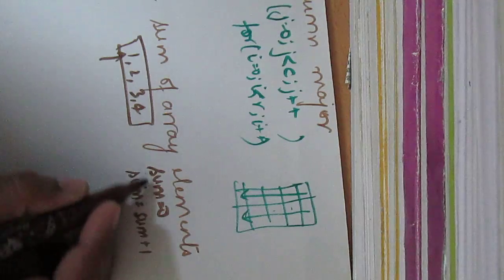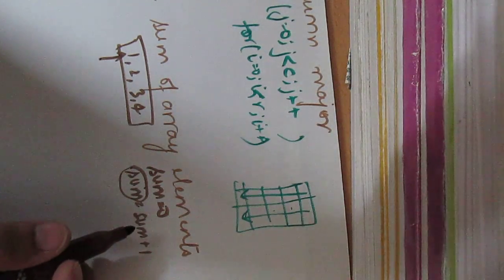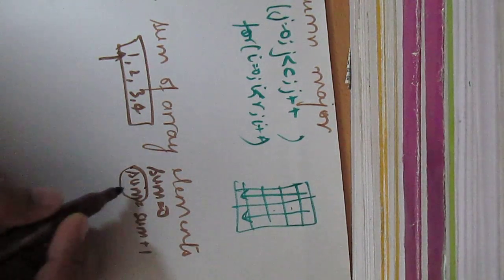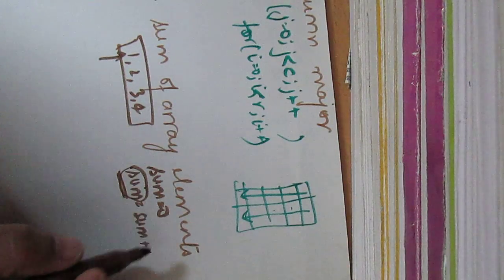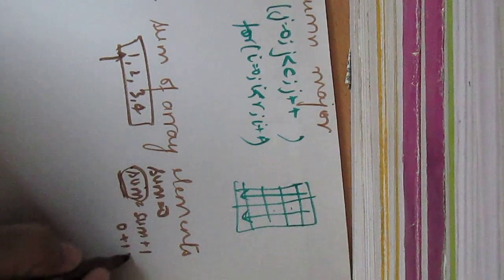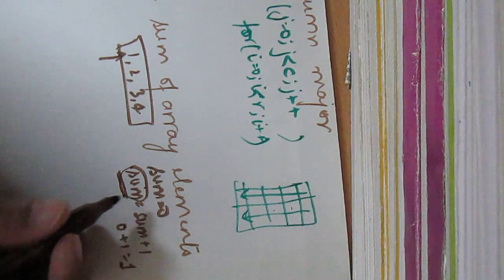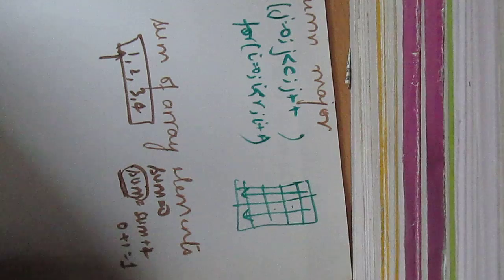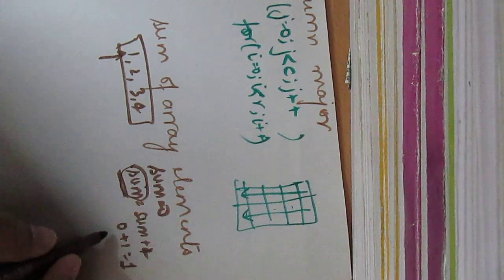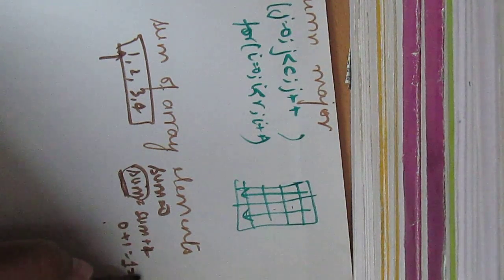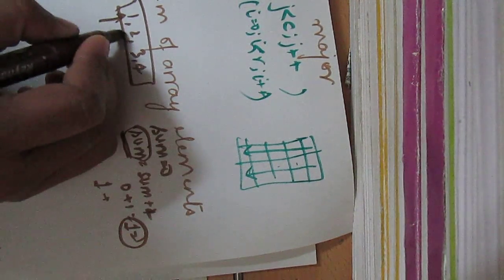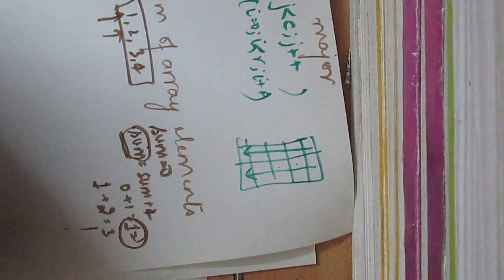Here we have sum as a variable because it is on the left hand side of the assignment operator. So here the sum will hold the value. Initially sum is 0, so 0 plus 1, that is 1. Again sum will have sum plus 2. Here the sum is 1, so next time we'll have 1 plus 2, that is 3, and the process goes on.